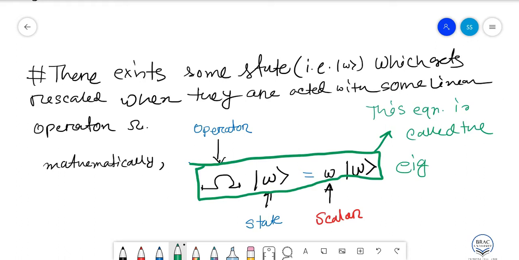So this equation is what we are calling the eigenvalue equation, and this scalar over here will be our eigenvalue.